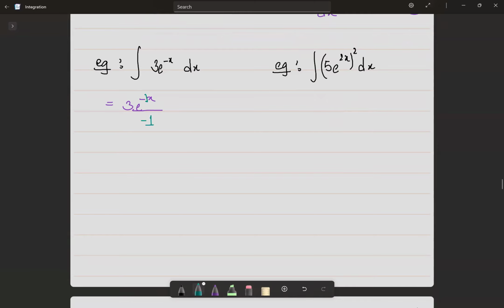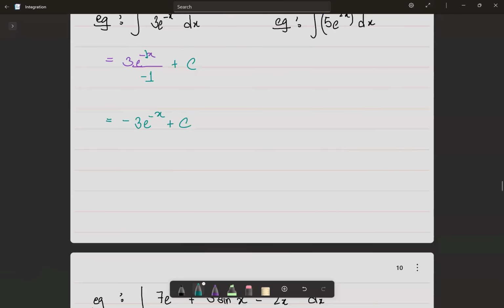So you divide by -1 and then plus c. Plus c will always be there in case of indefinite integration. So our final answer is -3 e to the power of -x plus c.